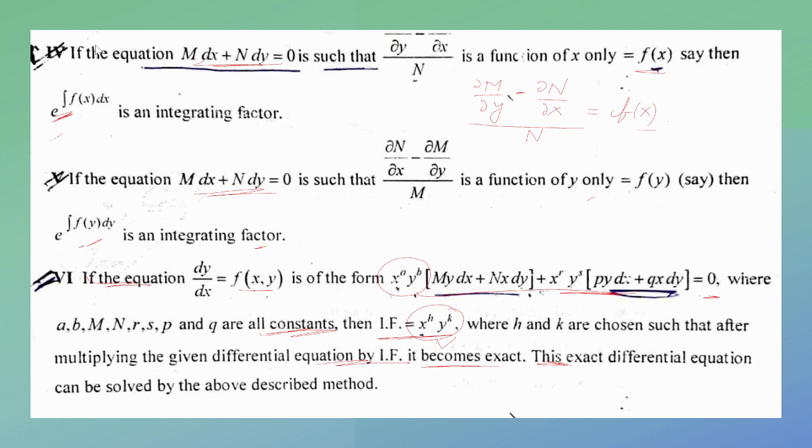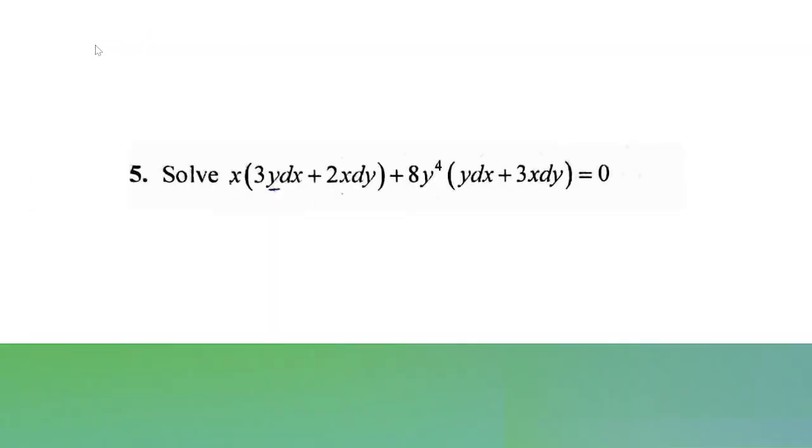Now based on this case, we do a question, which is question number 5. Solve x^3 y dx plus 2x dy plus 8y^4 (y dx plus 3x dy) equal to 0.